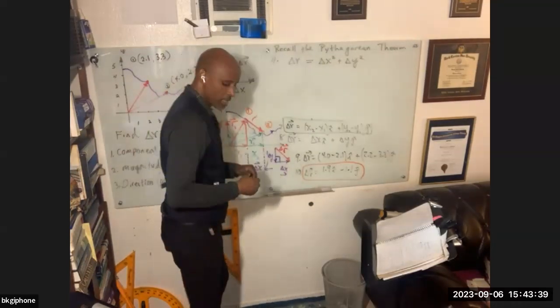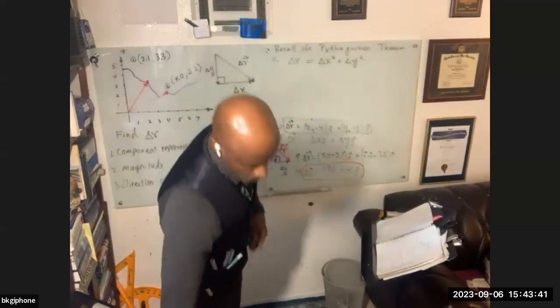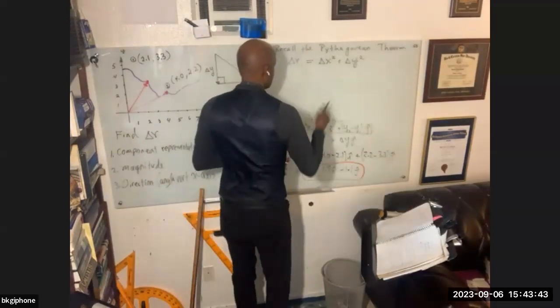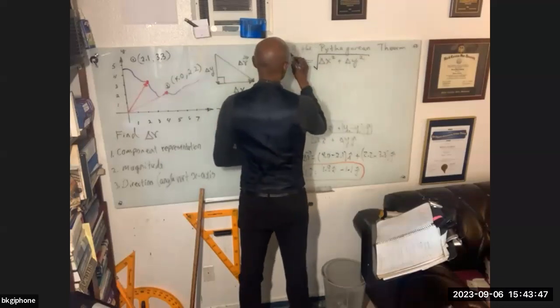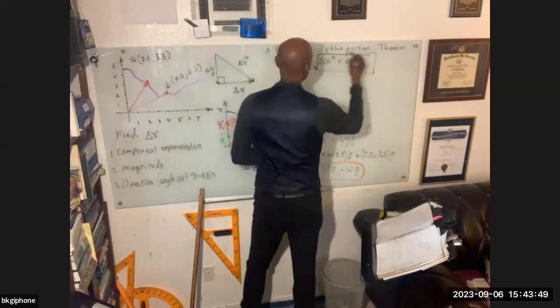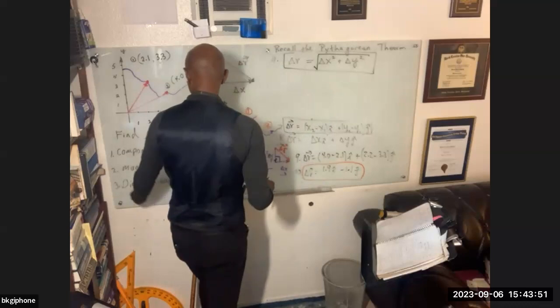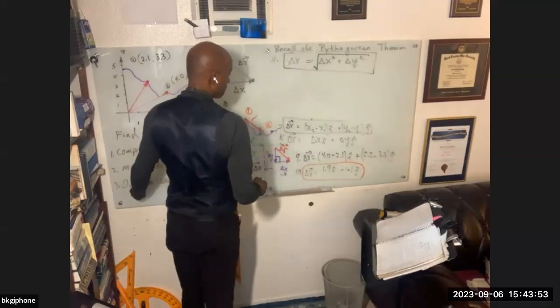That's the Pythagorean theorem. But then when I take the square root of both sides, it becomes this. So that's the equation I would use to figure out the magnitude of delta R.